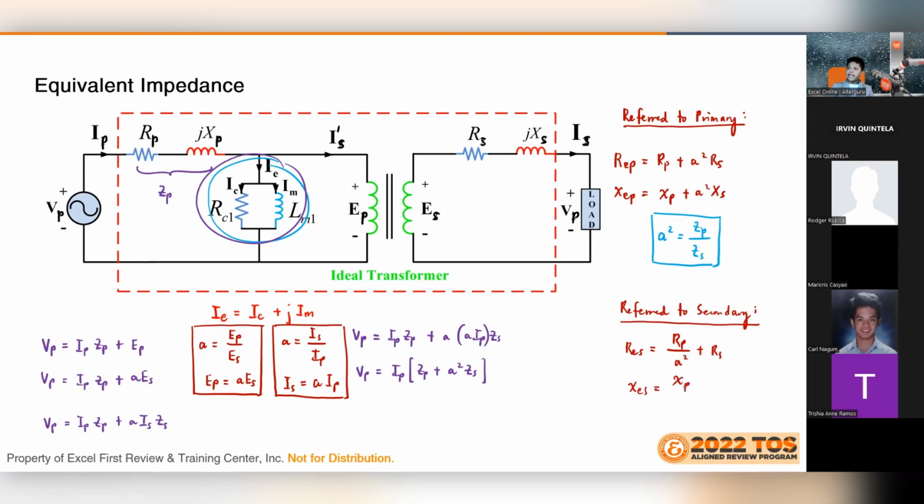Ang XES is XP over A squared plus XS. Okay, so yan, tandaan natin. Ito lang naman natatandaan natin, the referred to primary and of course the referred to secondary. Okay, so kindly copy that, no? Tapos we will proceed with the next.